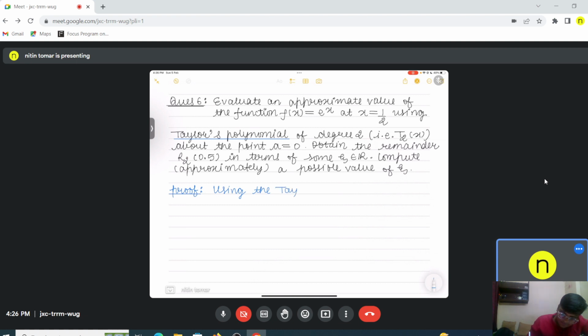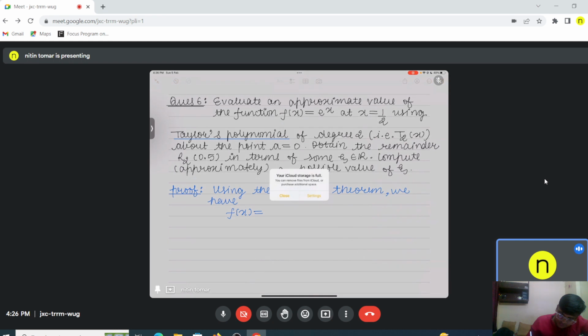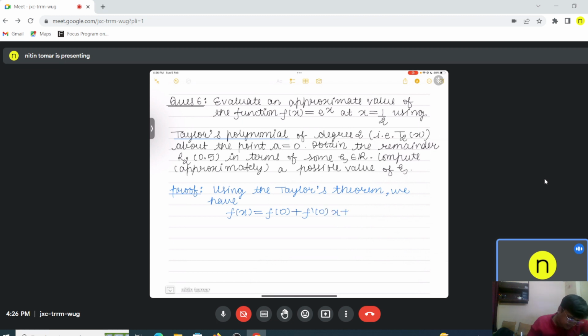So using Taylor's theorem, we have f of x to be f of 0 plus f prime 0 x plus f double prime 0 x square by 2 factorial plus f triple prime 0 x cube by 3 factorial.